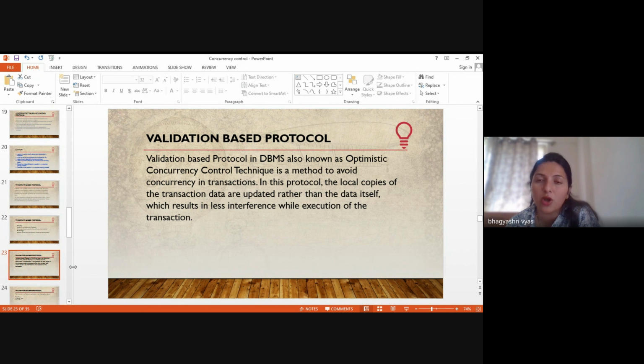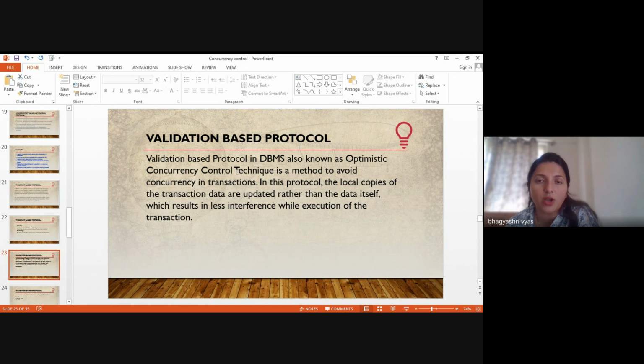So the next is validation based protocol. Validation based protocol in DBMS is also known as the optimistic concurrency control technique. It is a method to avoid the concurrency in transaction. Okay, and in this protocol, the local copies of the transaction are updated rather than the data itself, which results in less interference while execution of the transaction.